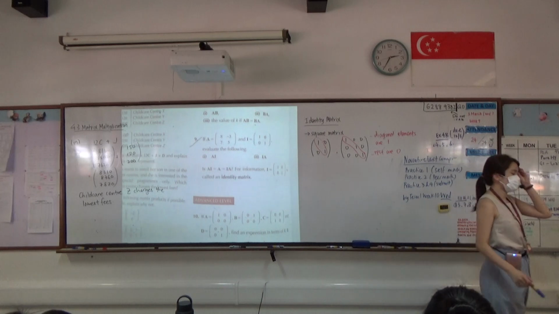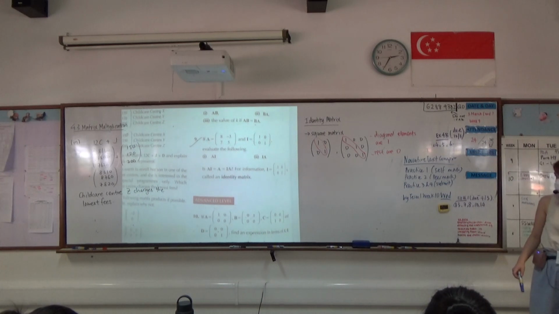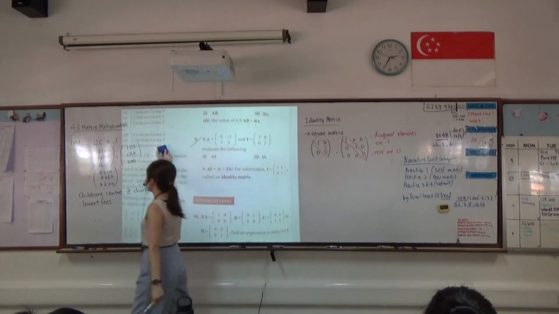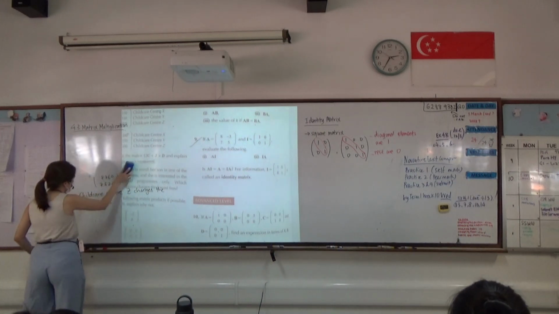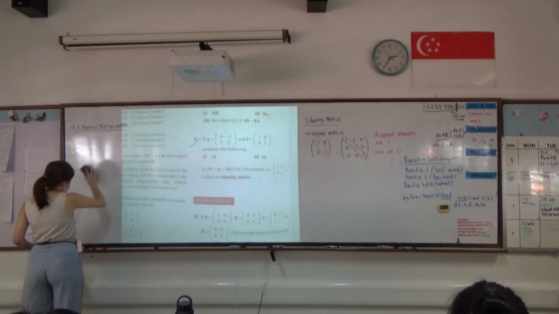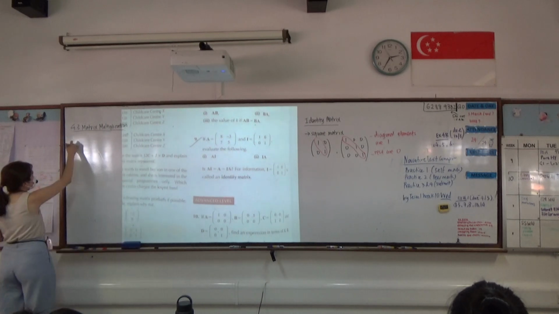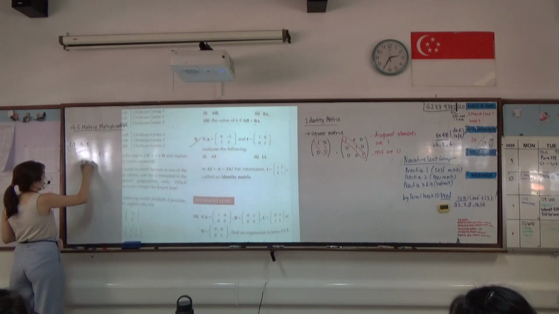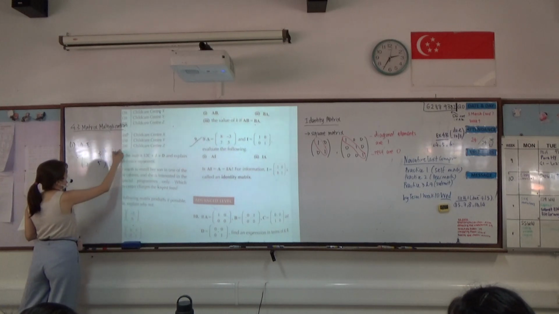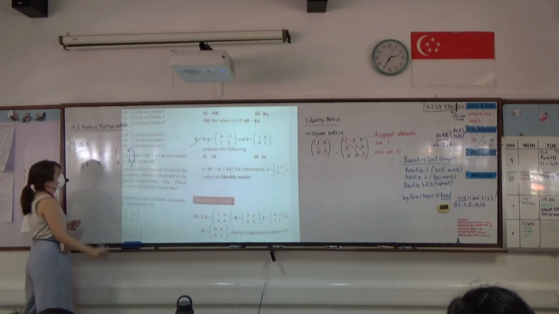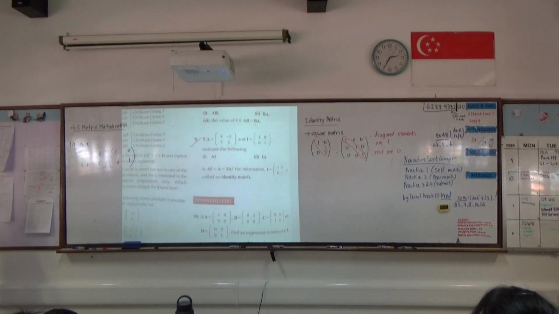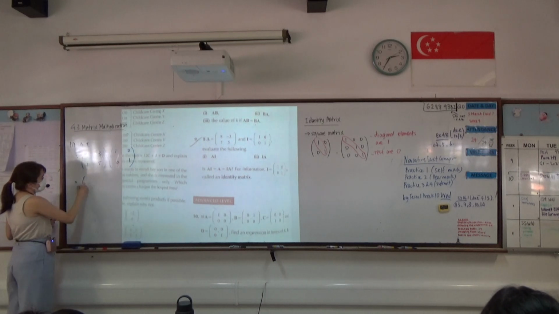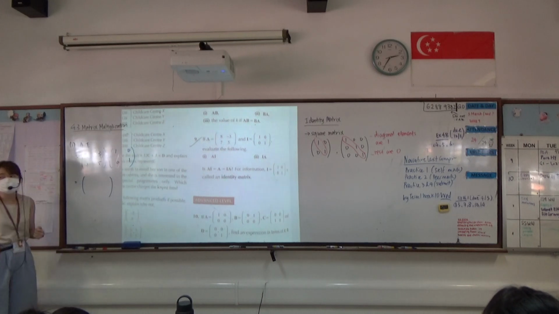Okay, what's so special about this identity matrix? If you look at question 9, given A and I, we see that AI, when I multiply it together, this is a 2 by 2 matrix times a 2 by 2 matrix, so my answer will still be a 2 by 2 matrix.